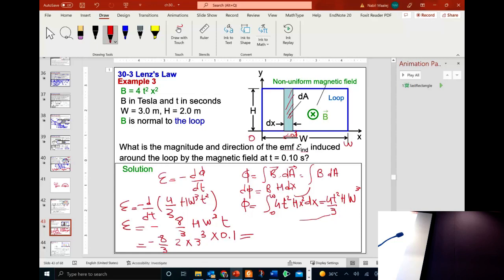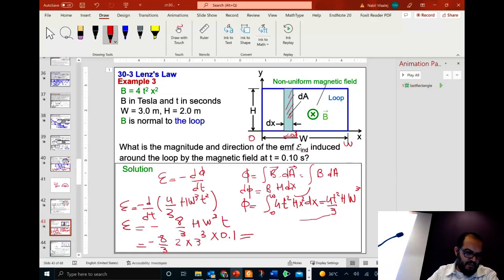So I first had to evaluate this integral, the flux, because B is changing with x. Then we put it in this equation and took the derivative with respect to time. Very interesting problem. I don't think you'll get something like that in the exam.